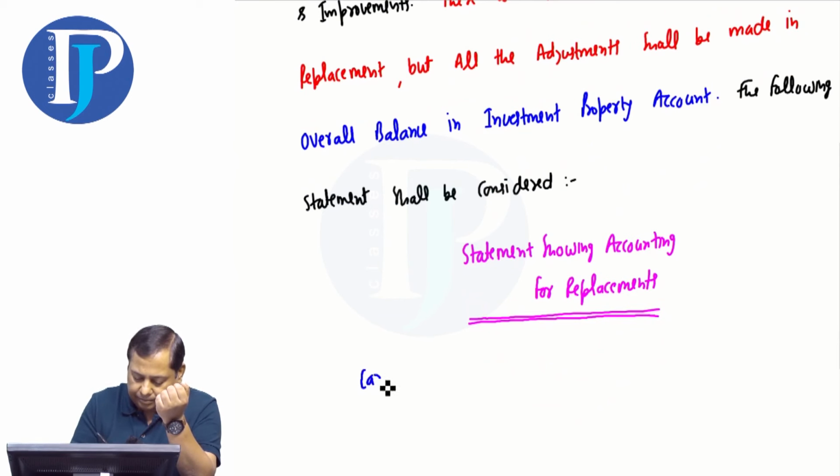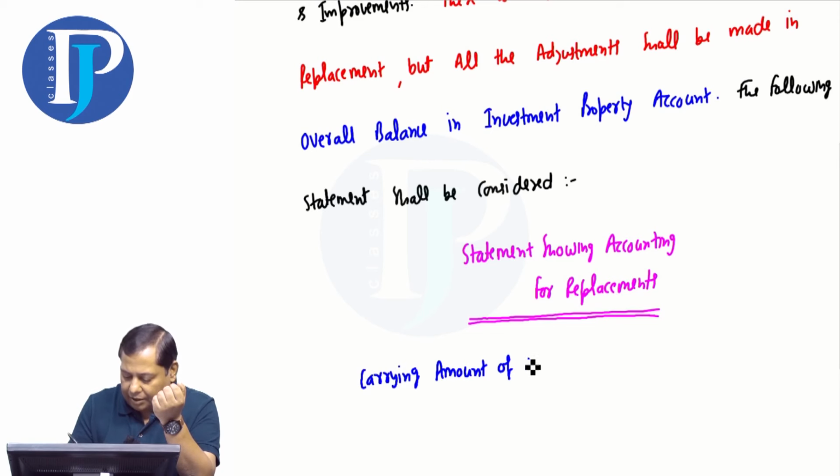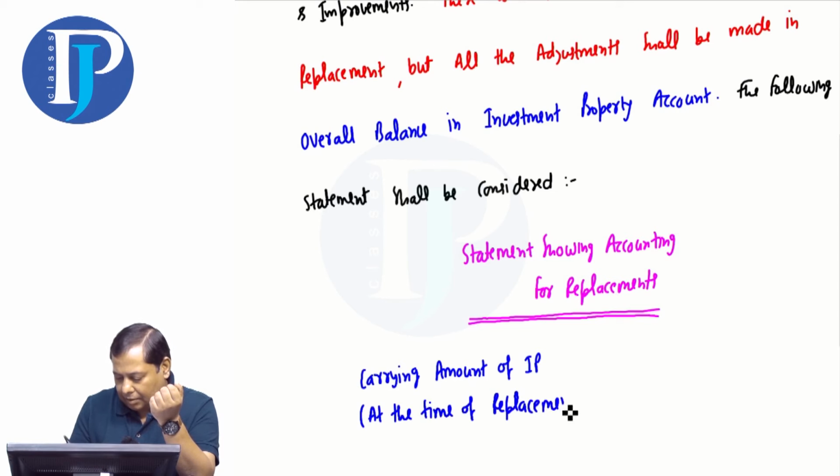Then write the carrying amount of investment property. Write this. The carrying amount of the property should be with you.